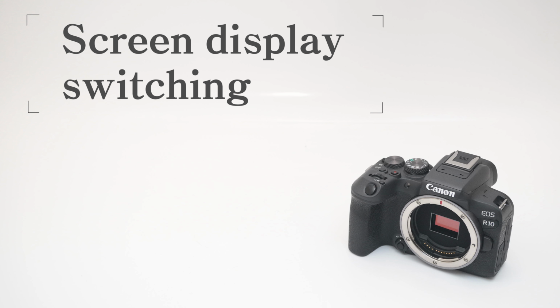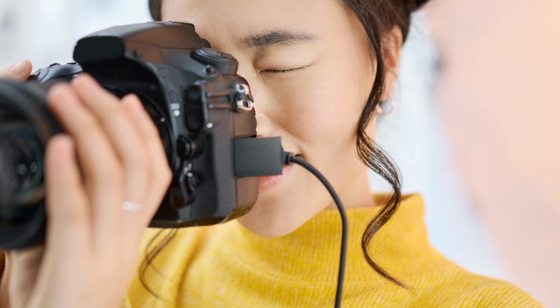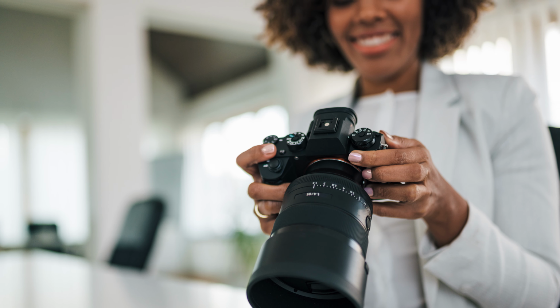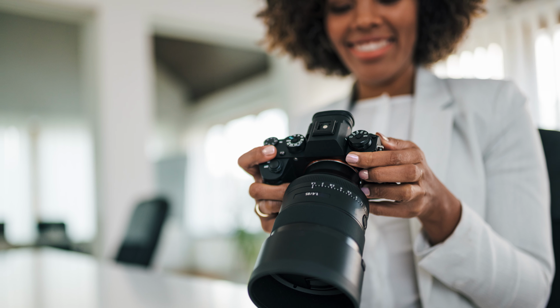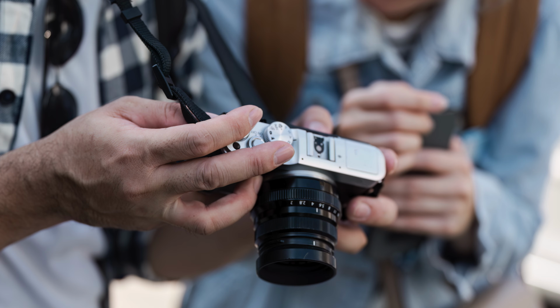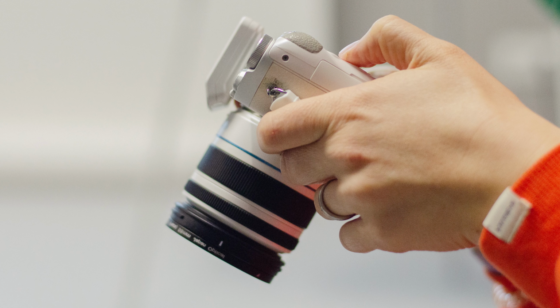Next, we will switch the screen display. Sometimes it's helpful to have various information displayed on the screen, like grid lines, exposure settings, and focus points. But in other situations, all that data can make the screen feel cluttered and hard to see.